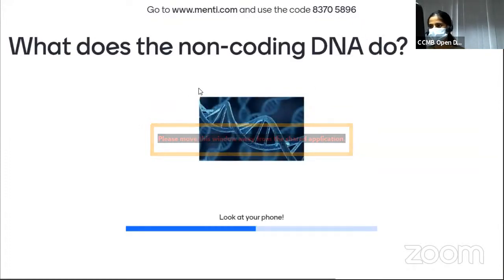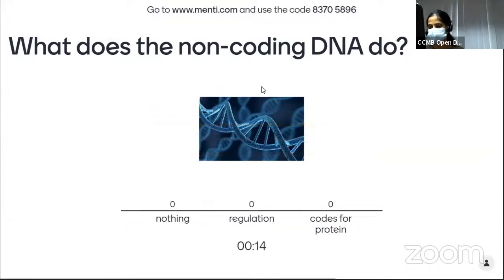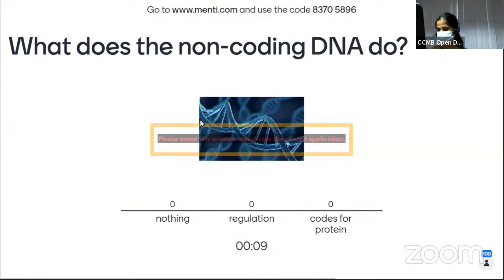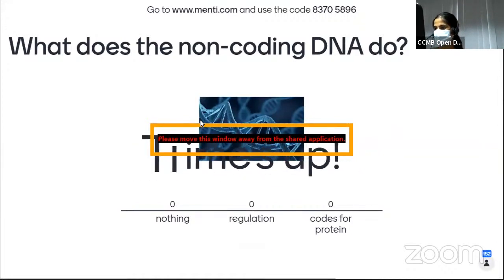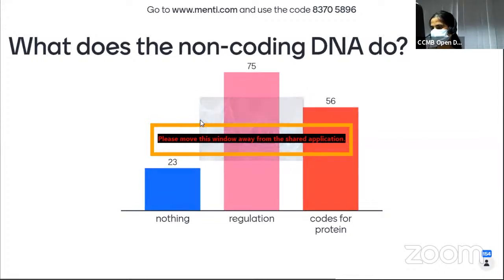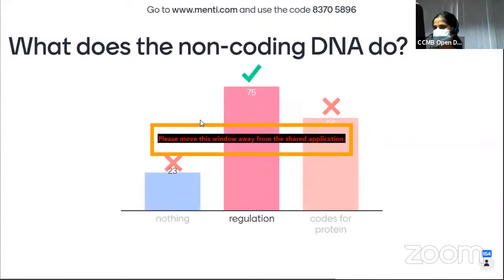What does the non-coding DNA do? Options are nothing, regulation, codes for protein. And answer is the non-coding DNA regulate the expression of different genes in different cell types.